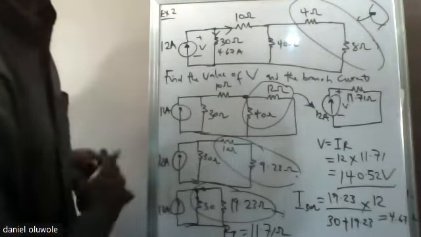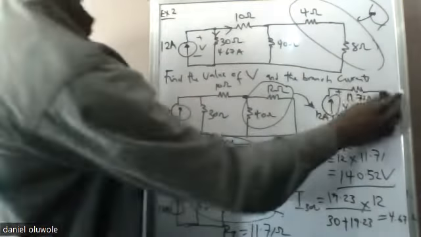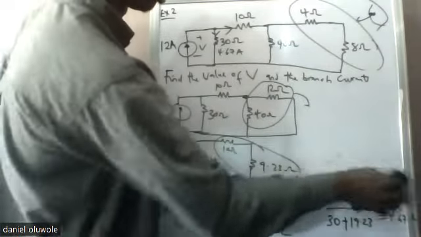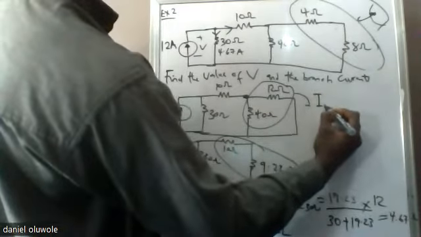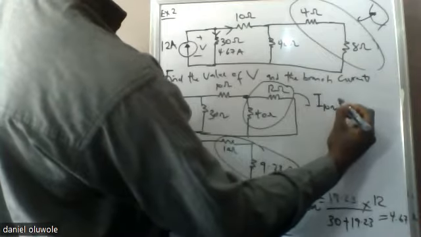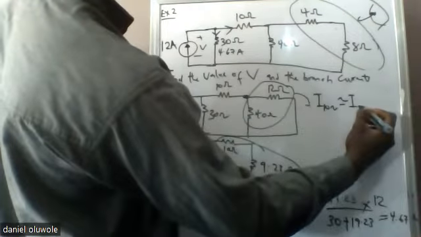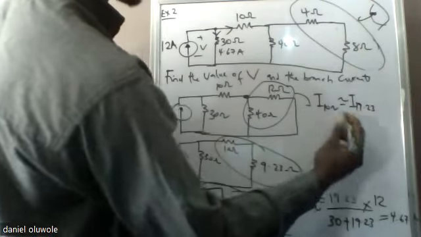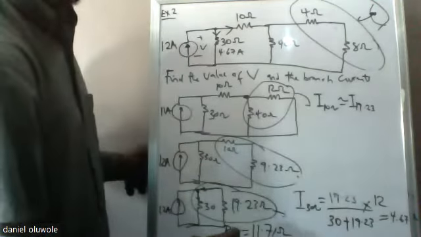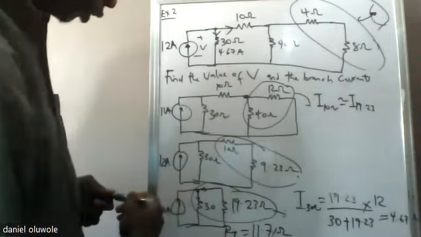So to get I of 10 ohms, which is equivalent to the I of the 19.23 equivalent. Do you understand what I'm doing here? I think so. Okay, let me just show you what I mean.